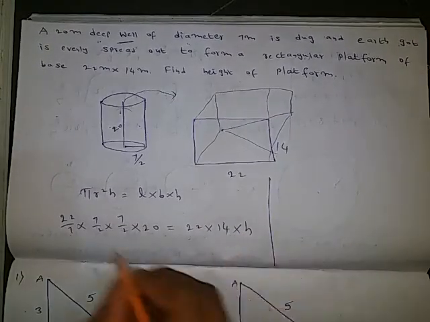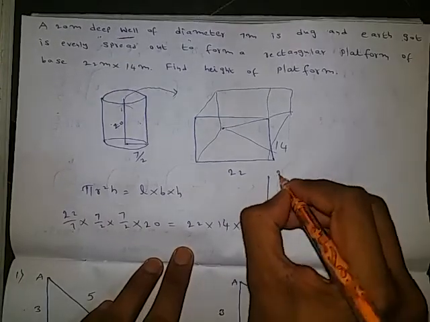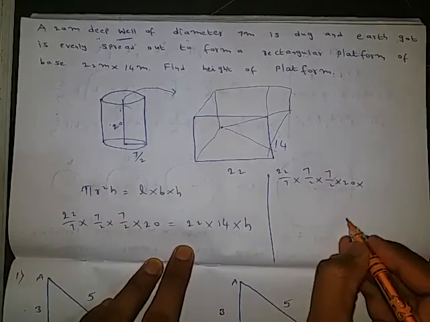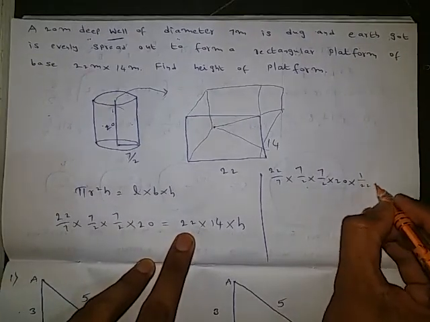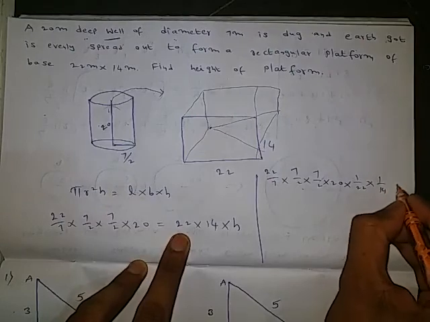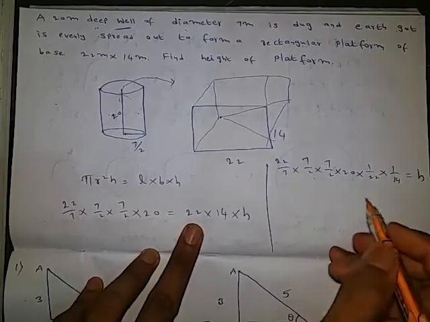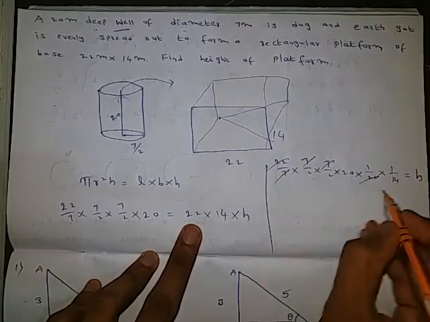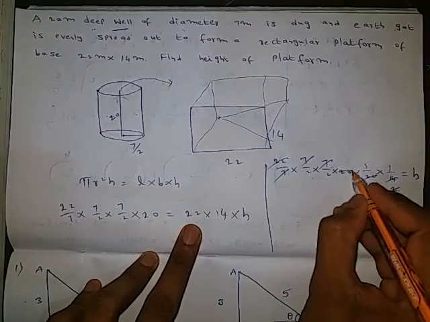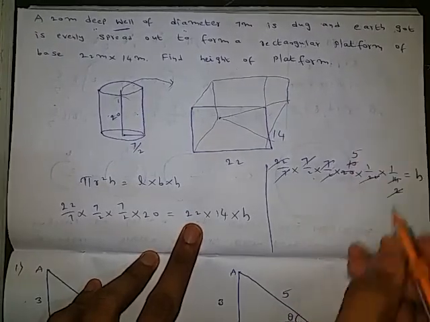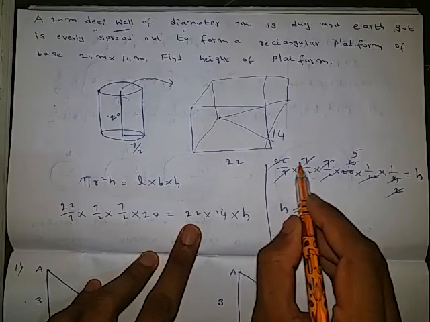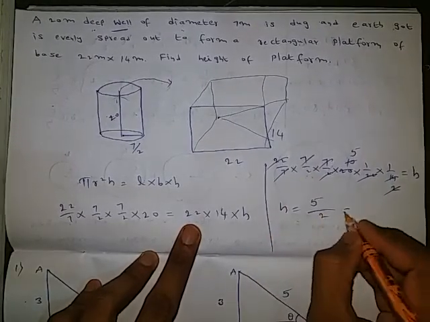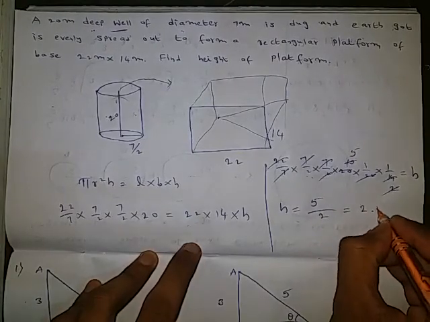Now we want the height, so take everything to the other side, that is 22/7 into 7/2 into 7/2 into 20, and this 22 will become 1/22, 14 will become 1/14, equals the height. Here 22 gets cancelled, 7 cancels, 7 ones are 7, twos are 2, 2 ones are 2, tens are 2 fives are 10. So the height is equal to 5 in the numerator divided by 2 in the denominator. So 5/2 is nothing but 2.5.